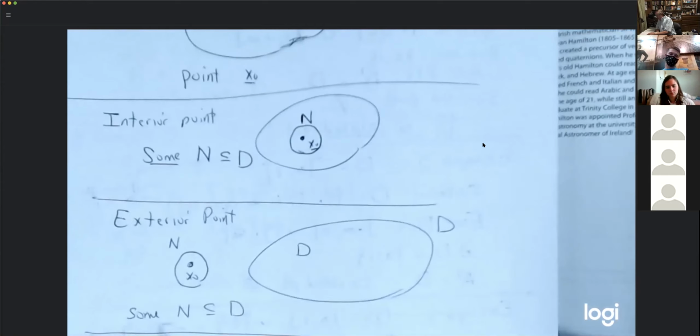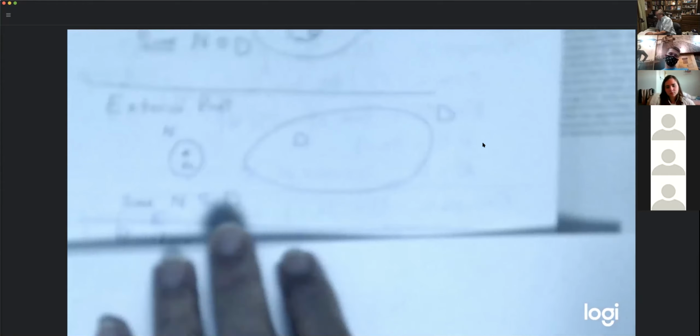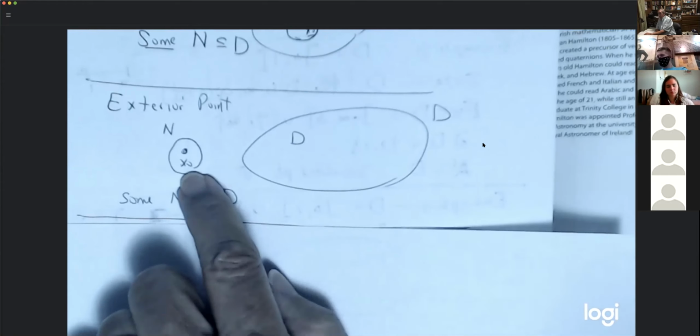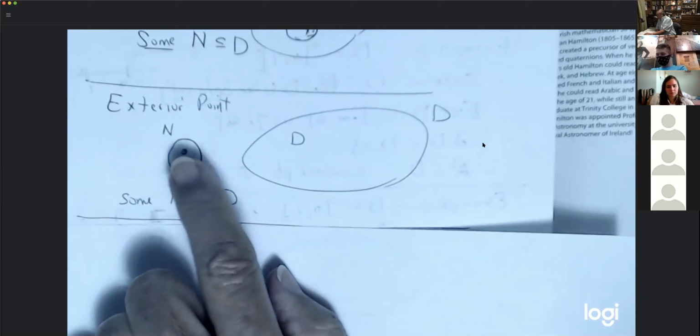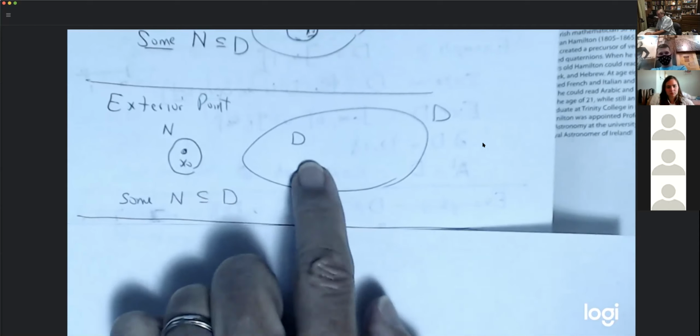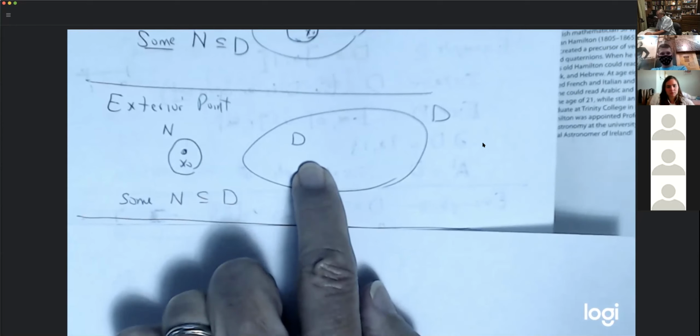If I go down a little bit, what does a picture look like for an exterior point? Now this would be a different X, but suppose the X happens to have this relationship to the set D. Then it's called exterior. Why is it called exterior?